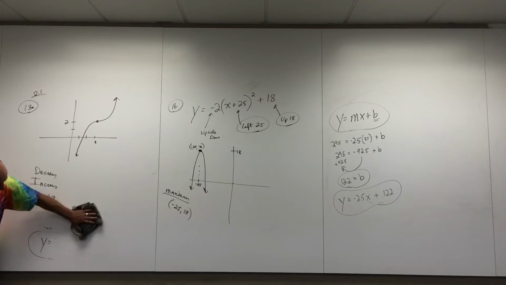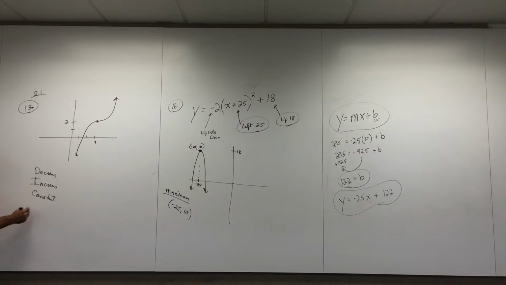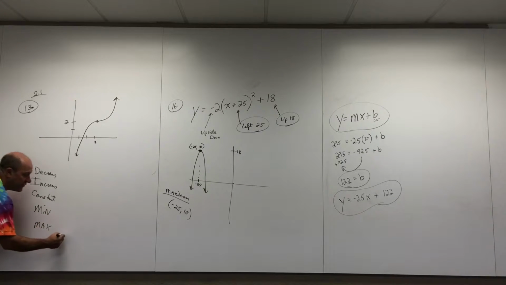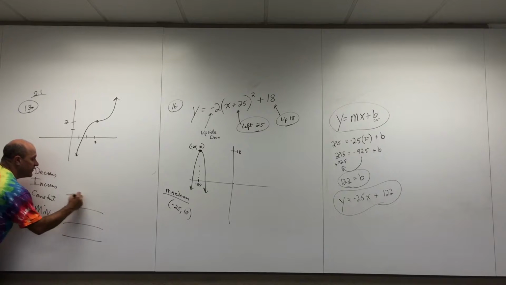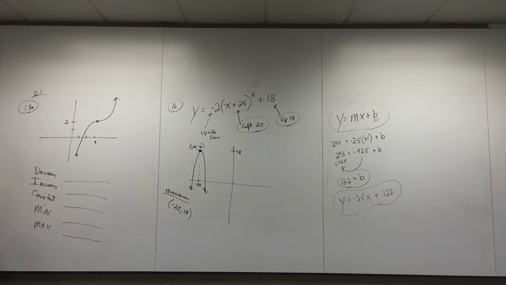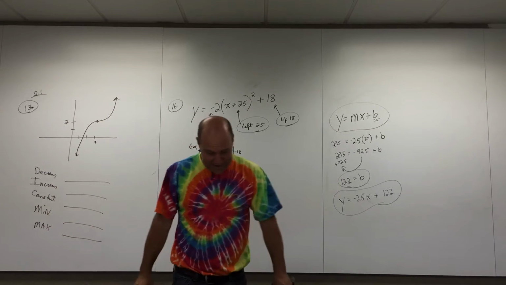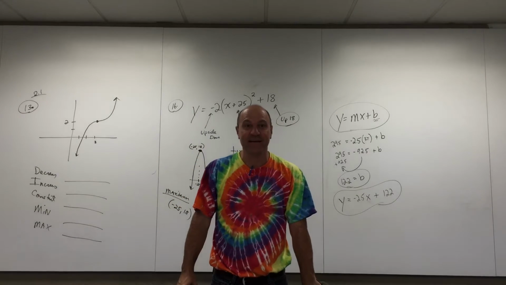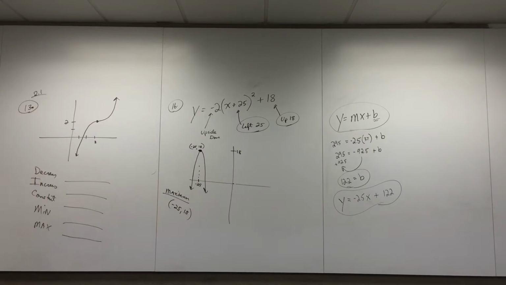And now I finally understand what her question is. She said she had none filled in on a lot of these. Do you agree with her? I do agree with her. I think none is the answer to a bunch of these. Like, when is it decreasing? Never, huh?